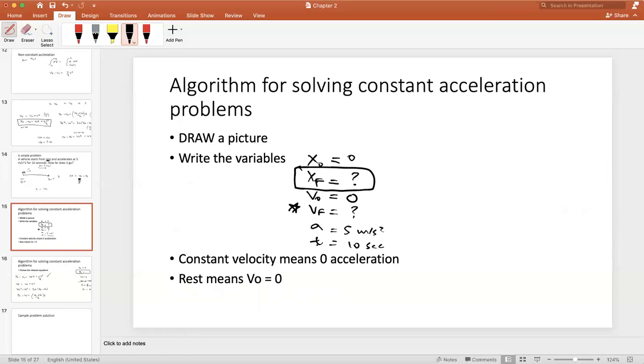And then, to be honest with you, if you're grasping at straws and you really don't know what to do, start trying to solve for the ones you don't know. Solve for v final, solve for x final. And hopefully you'll get enough progress to figure out, oh, right, that's how I get the final position of this thing.